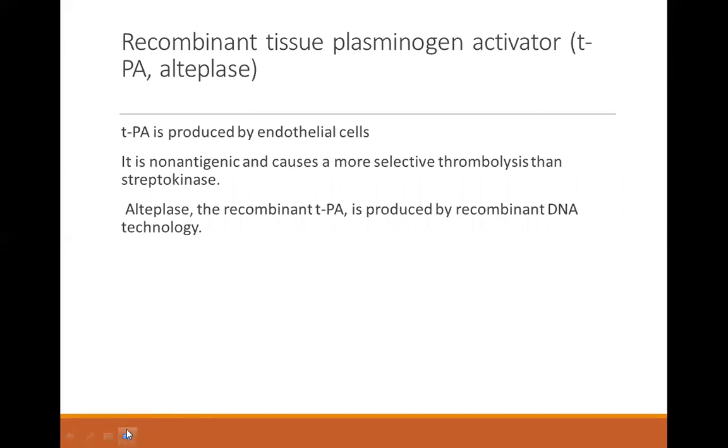It is non-antigenic, therefore it is safer than streptokinase. It is safe because it does not produce antibodies especially, and it has more selective thrombolysis than streptokinase. Therefore, it is a much more valuable medication compared to streptokinase. Alteplase is produced with the help of recombinant DNA technology.